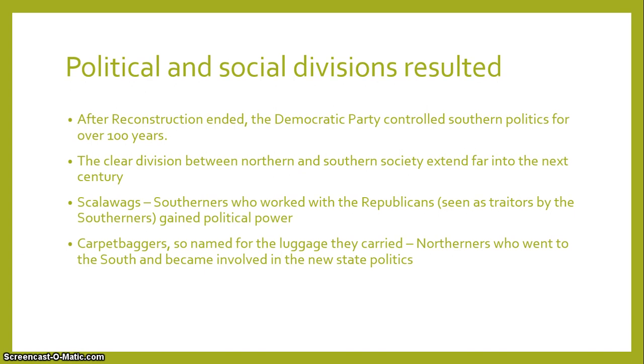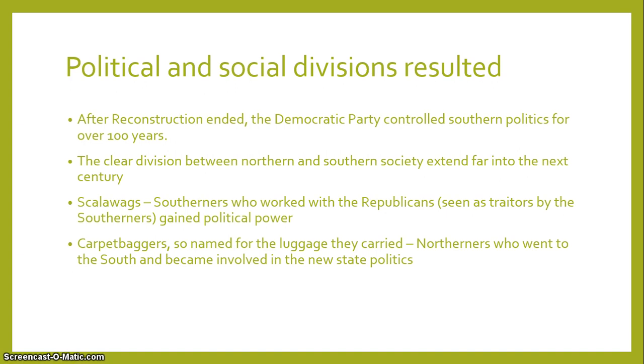It's because of Reconstruction that we say y'all and have a different type of accent down here in the South. But there were some penetrations of the North into the South that caused a lot of conflict, and these are both scallywags and carpetbaggers. Scallywags were technically in the South, but they weren't viewed as really Southerners.